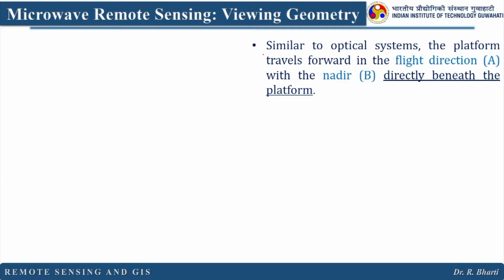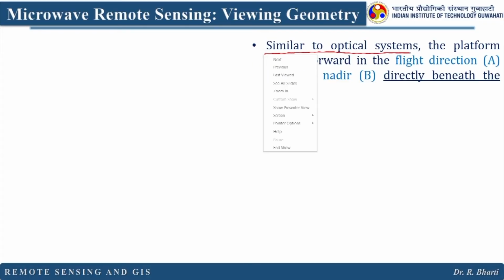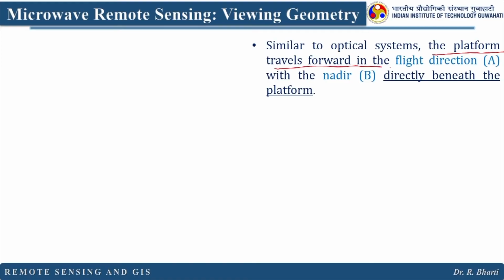In microwave remote sensing, we use different nomenclature for the geometry. So let us see the different viewing geometries we use in microwave remote sensing. The first one is, similar to an optical system, the platform travels forward in the flight direction A, with the nadir B directly beneath the platform.